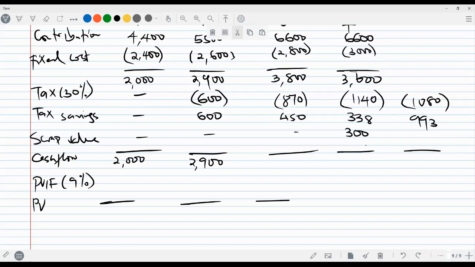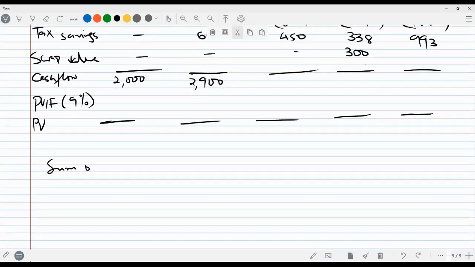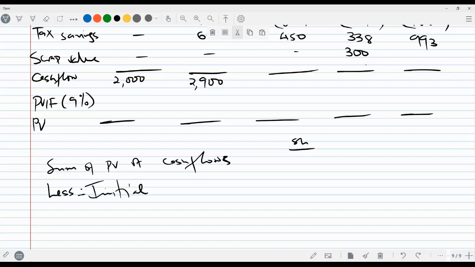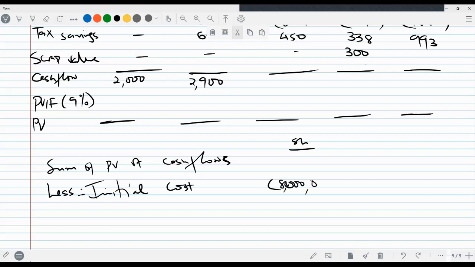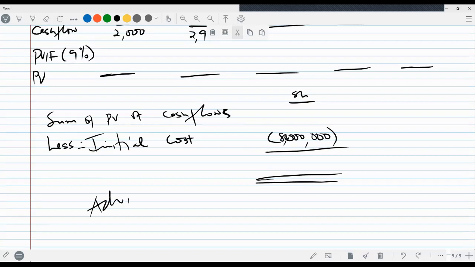Get the present value, then the NPV, the sum of present value of cash flows. We less the initial cost of the machine, which is 8 million, so minus 8 million. Get the NPV, and of course we advise the company.